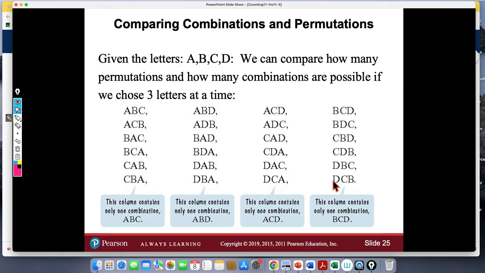If we're going to choose 3 letters out of 4 items, with combinations there's only 4. But if it's a permutation where order's important, there are a lot more permutations. Okay, so that's the main thing. Permutations generally give us a lot more options because order's important.